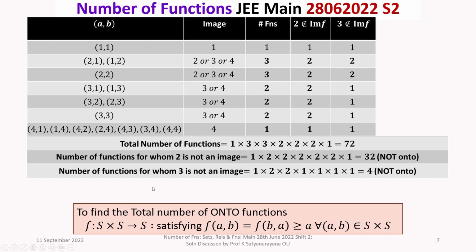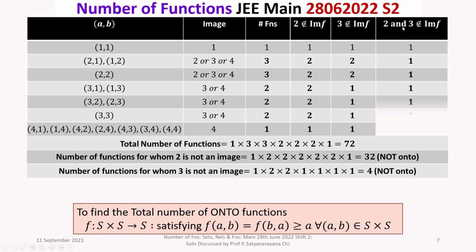Now, the number of functions for whom both 2 and 3 do not belong to the image of f. That means no ordered pair is mapped to 2 or 3. Then obviously it is a function but not an onto function, because 2 elements are left out in the image set.